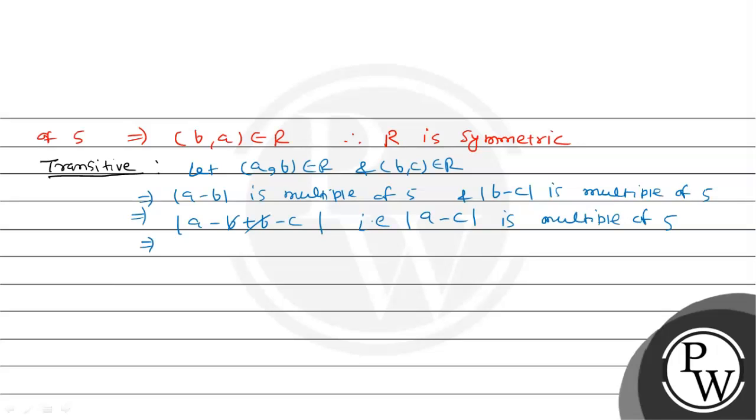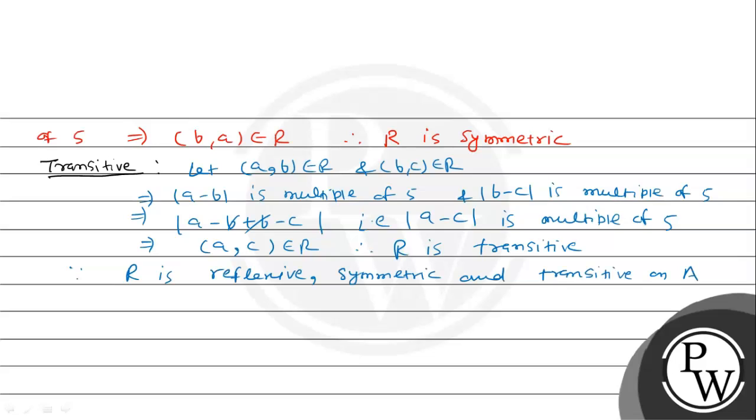This implies |(a − b) + (b − c)|, that is |a − c|, is a multiple of 5. This implies (a, c) belongs to R. Therefore R is transitive. Since R is reflexive, symmetric and transitive on A, therefore R is an equivalence relation on set A. तो ये प्रूफ हो गया कि R एक इक्विवेलेंस रिलेशन है सेट A में.